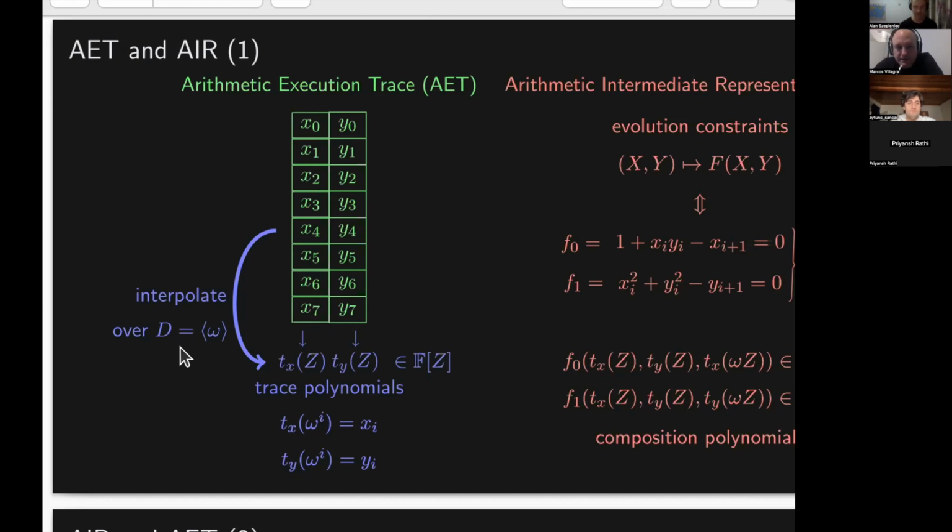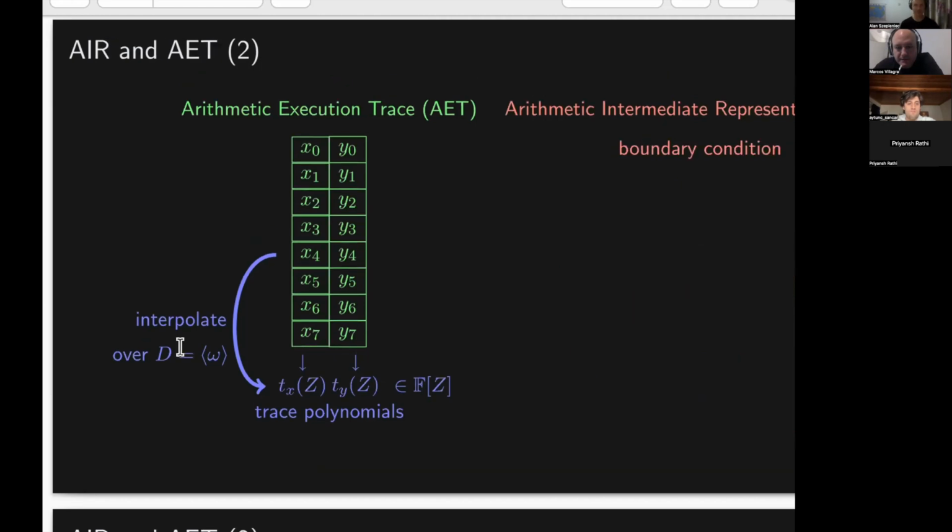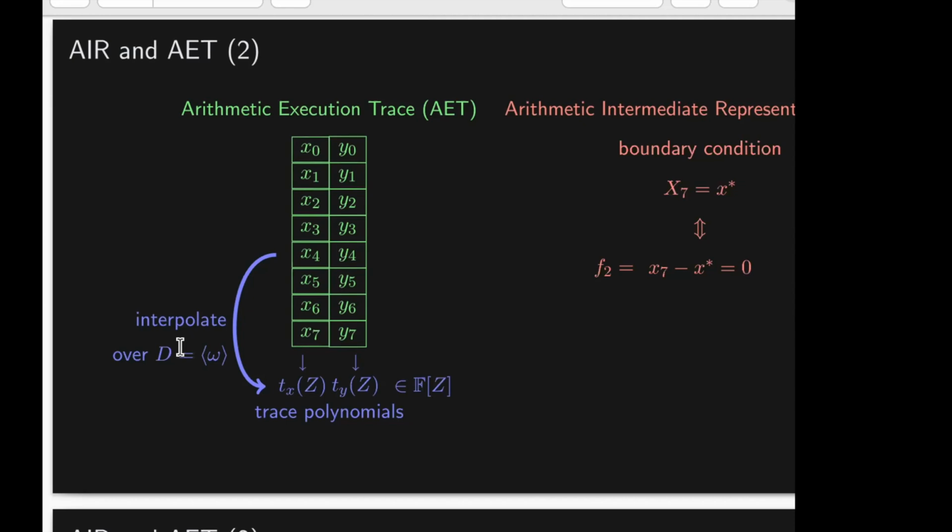So that's the evolution. What about the claim? Well, it turns out that the claim we can transform into a boundary condition, and the boundary condition also gives rise to a polynomial. This one happens to be in one variable, but you can extend this to multiple variables. And in order to require that this polynomial is satisfied, once again, we compose it with a trace polynomial.